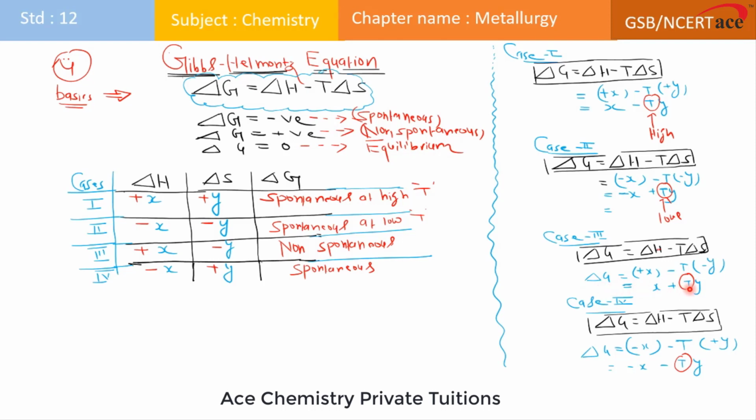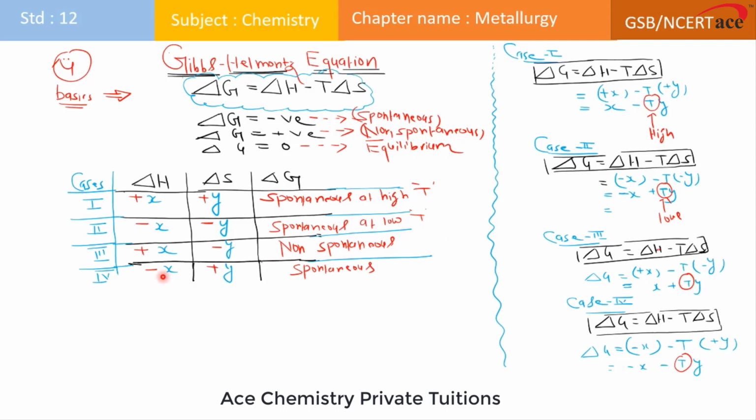Now there is a limit to decrease in the temperature because the temperature is taken on the Kelvin scale. So we cannot take it into negative. So the value of the temperature has to be positive. And if the value of the temperature is positive, then the delta G value will come positive. So this reaction is always non-spontaneous at all temperatures.